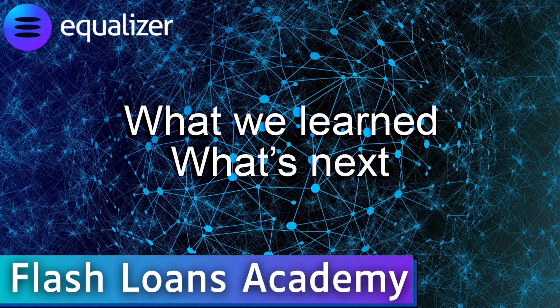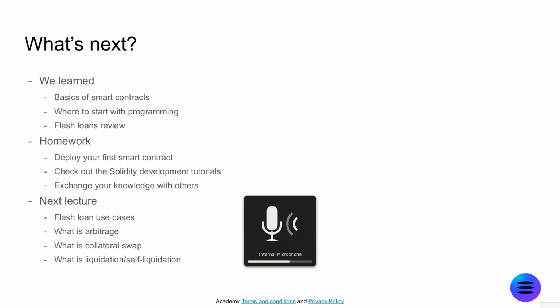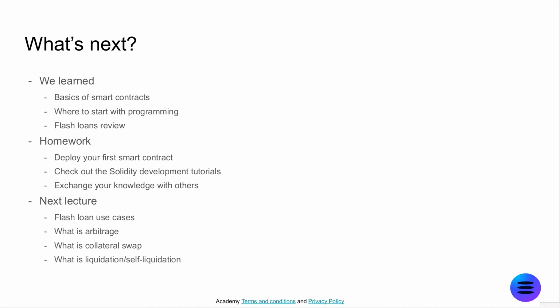Okay, so we came to an end of this lecture. We will share this presentation and all the links with you. So today we learned some basics of smart contracts. We went into a bit more detail on how smart contracts are structured, where you can learn more about smart contracts, and we took a look at a flash loan. For your homework, we kindly ask you to try and deploy your first smart contract.